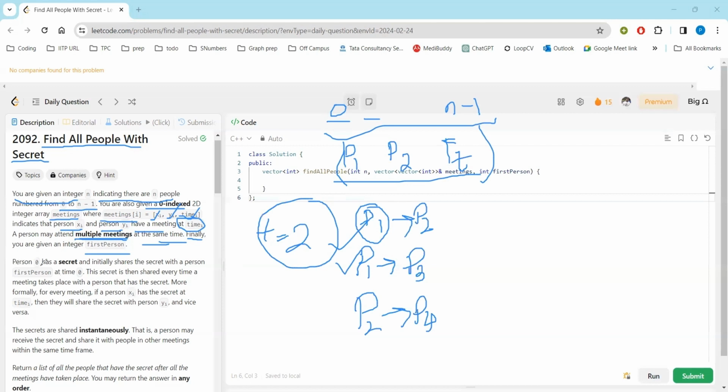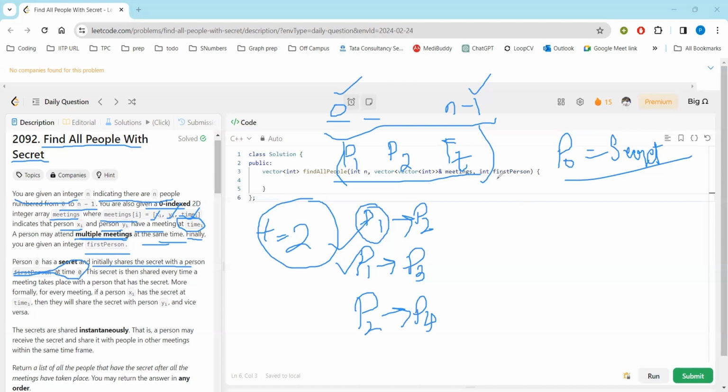Now, person 0 has a secret. So out of all these persons 0 to n minus 1, person 0 is the first person who knows the secret, right? Now, they are saying that person 0 initially shares the secret with firstPerson at time t equal to 0.